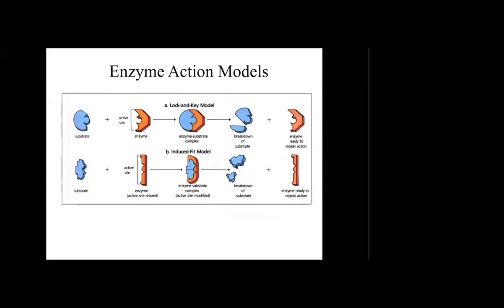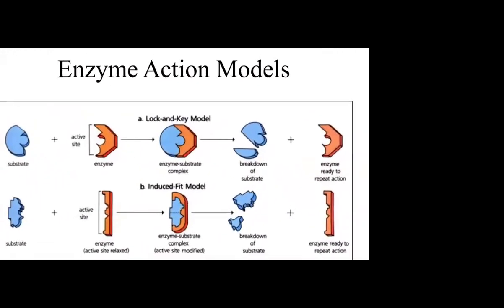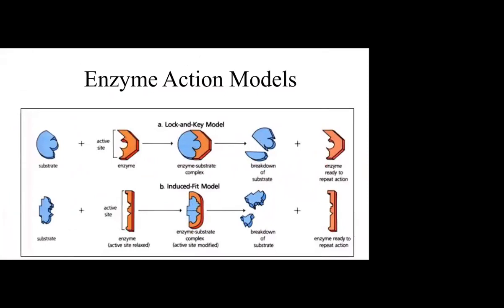The two well-known modes of action documented for enzymes are the lock and key model, which is what we see on the top, and we also have the induced fit model. So when it comes to the lock and key model, some enzymes have an active site that is locked in place. The substrate is going to have a particular shape.